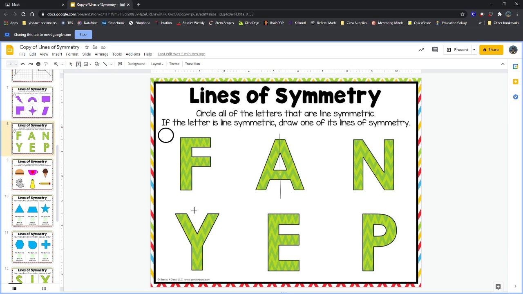Okay, and thank you for using your hand to show me how. You're right. If I put a line here, in the middle, I would have two congruent sides. They'd be the same size and the same shape. So the letter Y does have a line of symmetry.